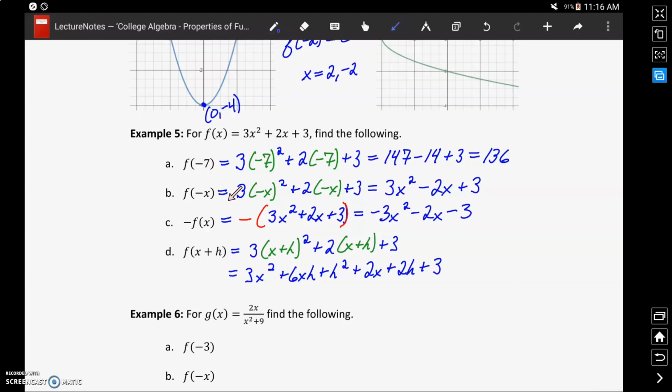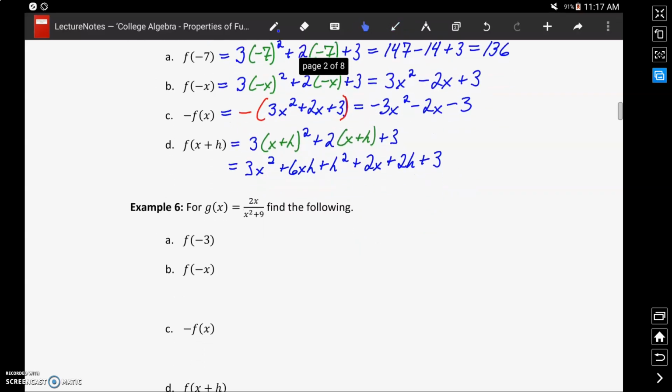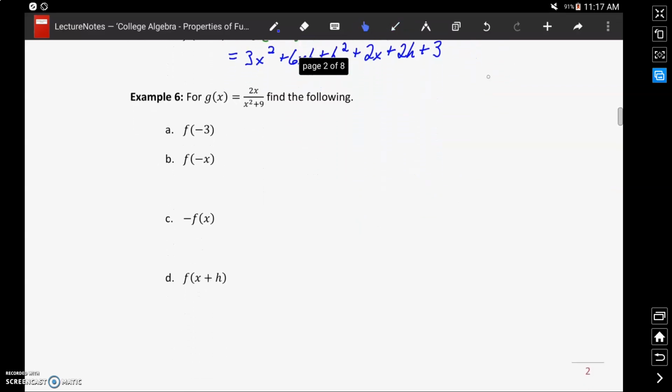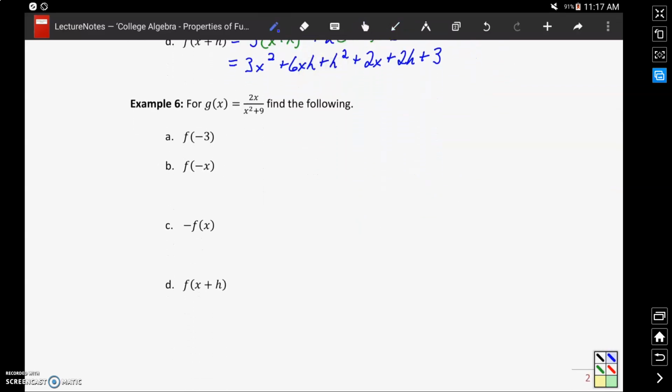Again, in parts A, B, and D, all we're doing is evaluating that given function for a specific value, whether that's a number or some algebraic expression. And in part C, we just had a variation of that where we were finding the opposite of that given function. We could look at doing the same in example 6.